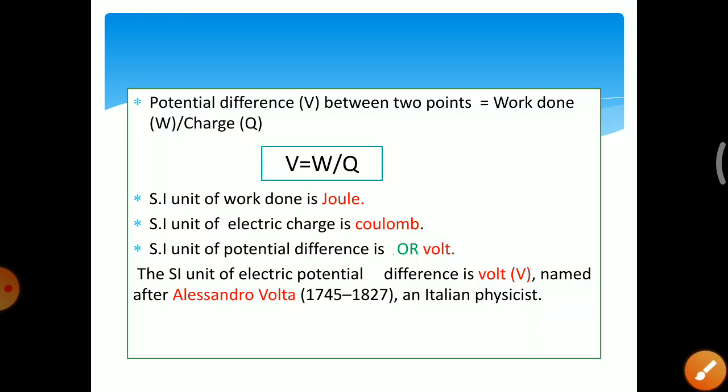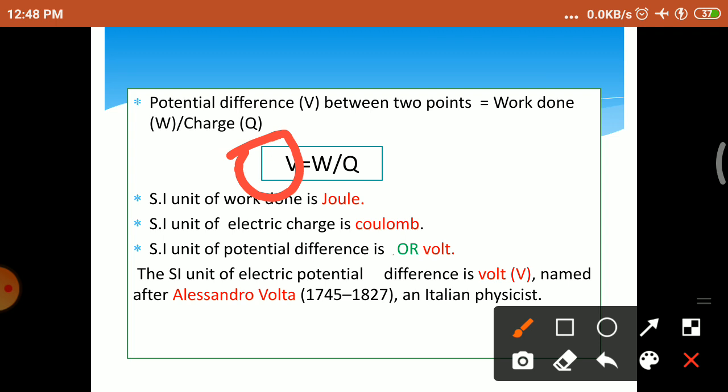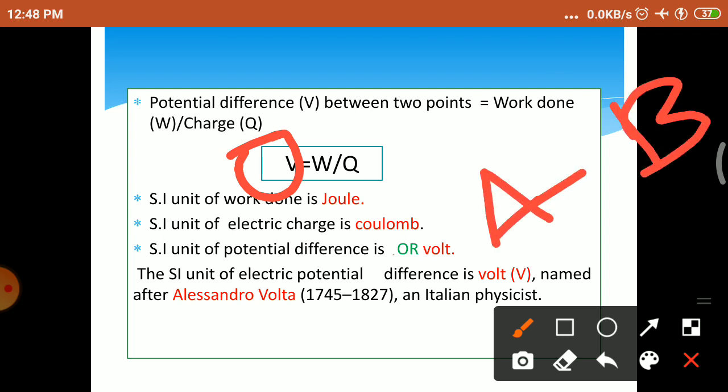So potential difference between 2 points is equal to work done W by charge Q. V equals W by Q. Here V represents potential difference between point to point, that means point A and point B. The potential difference between 2 points is the work done to move one charge from point A to B. So I can write V equals W by Q. Here W equals work done, Q equals charge.